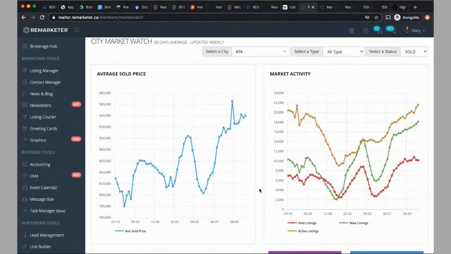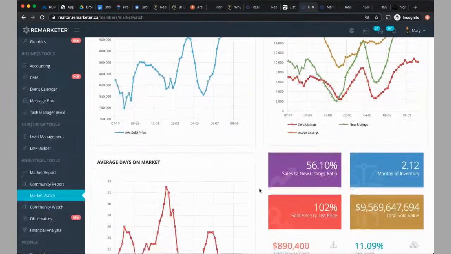The official numbers that are released by TREB at the end of the month or the end of the quarter are basically, you know, all the corrections that need to be made to the numbers would be made and then would be available. So these numbers can change a little bit, but not too much. So you can still use these numbers as well.